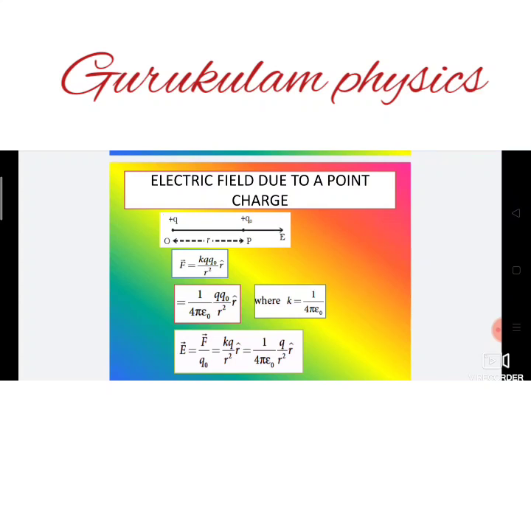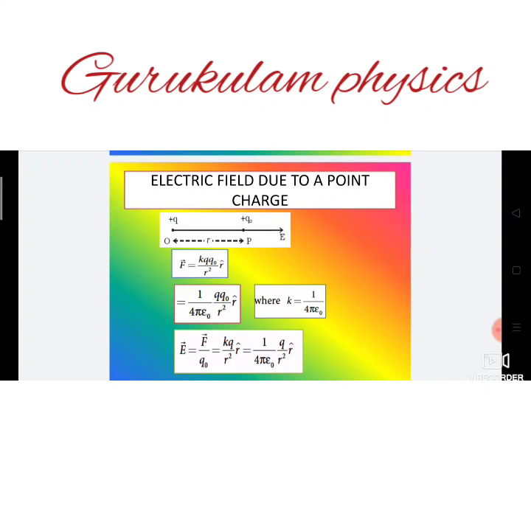If we remove the proportionality sign, we add a constant k. Therefore, F vector is equal to k into q q naught by r square into r cap. Substitute the value of the constant: k is equal to 1 divided by 4 pi epsilon naught. Therefore, Coulomb's force F vector is equal to 1 divided by 4 pi epsilon naught, q q naught divided by r square into r cap. Now we are going to calculate the electric field.